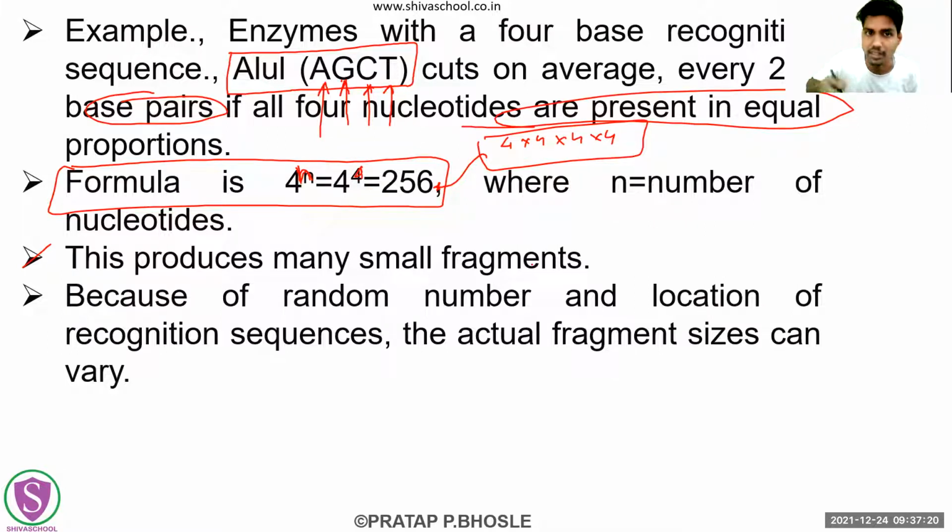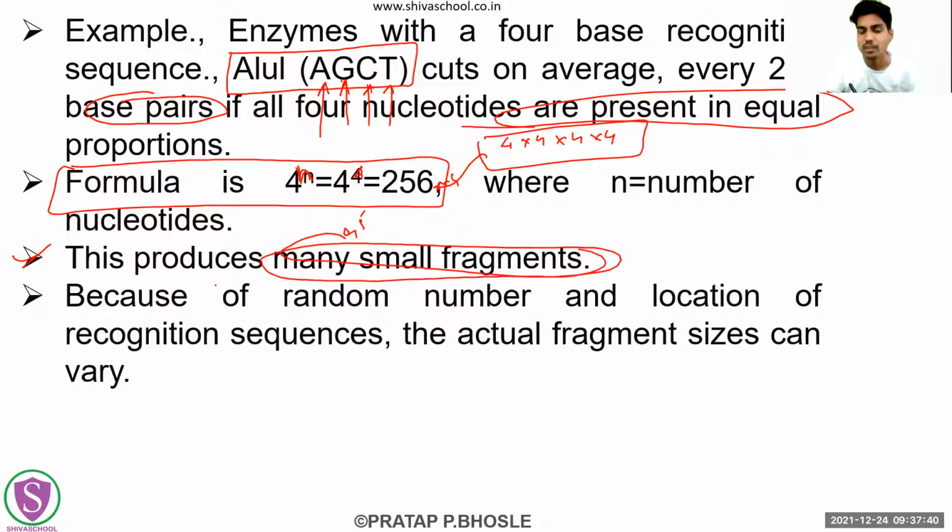AGCT, 4 nucleotides. If there are 5, then the formula will be 4 raised to 5. Then the cuts will be at a different number of base pairs. Okay, so that number of smaller fragments will be produced by that particular enzyme. With this formula many smaller fragments will be produced.